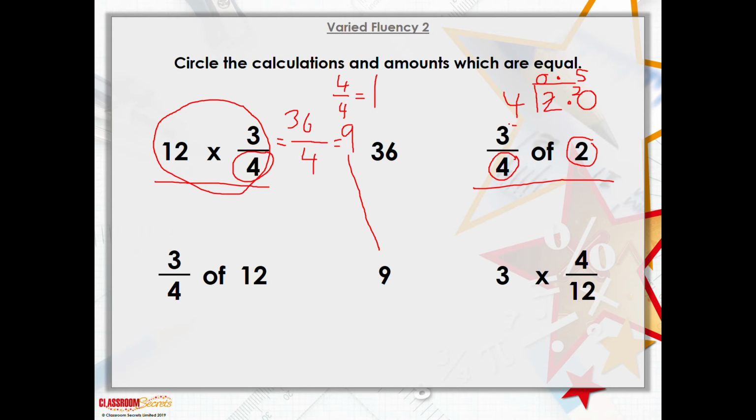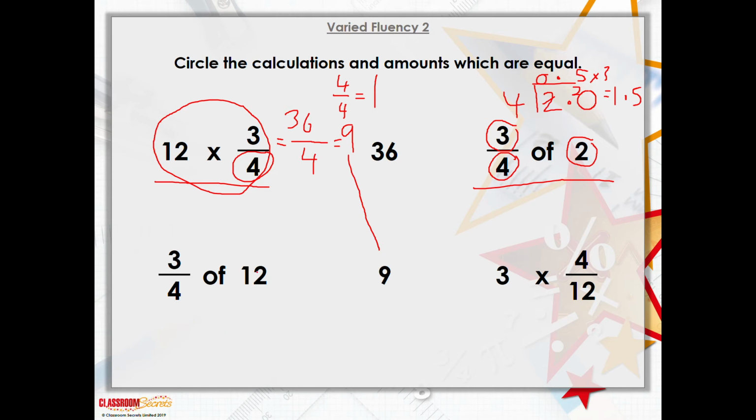Remember now, I need to multiply by 3. So 0.5 times 3 equals 1.5. Now notice in my two answers in the middle, one is 36 and one is 9. However, my answer here is 1.5. I do not circle that calculation.